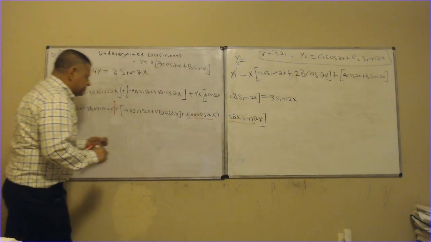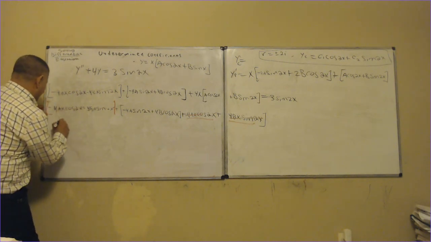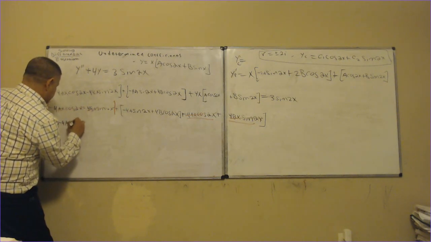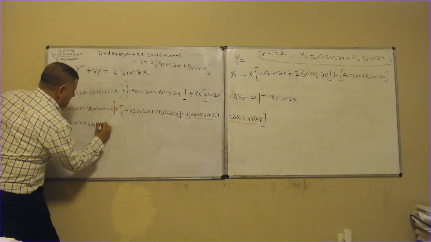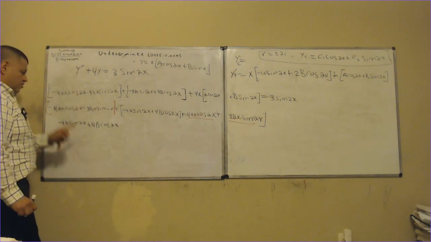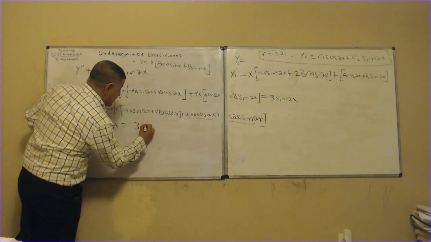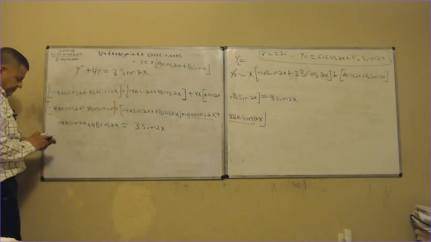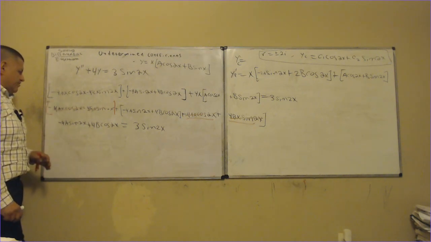Now that I have this, I can say, okay, so 4a sine of 2x plus 4b cosine of x plus 4b cosine of 2x equal to what? Equal to 3 sine of 2x. Okay, so this is what is going on right here.